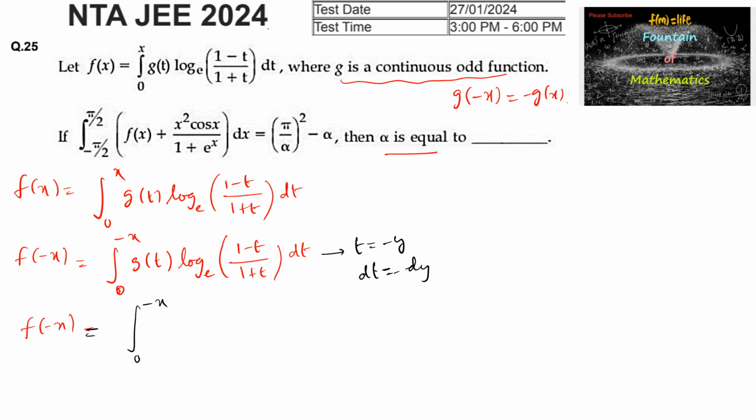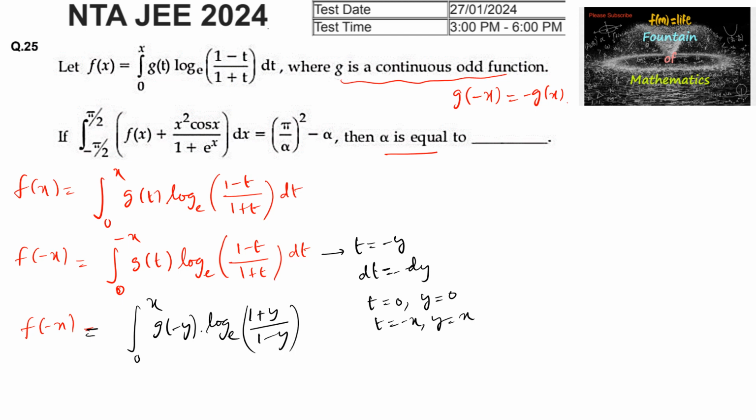and also when t is equal to 0, y is equal to 0, and when t is equal to negative x, y is equal to plus x. So we can change the limits now, 0 to plus x, g of negative y log to the base e 1 minus of minus y, that is 1 plus y divided by 1 minus y, dt is nothing but minus dy.